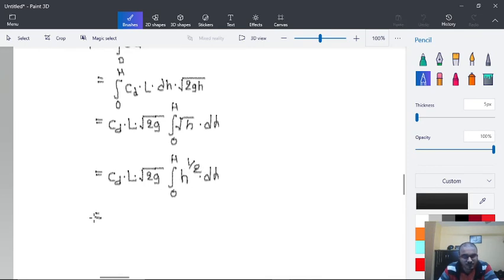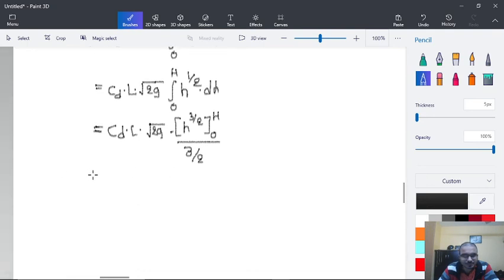So after integration we will get CD into L into square root of 2g into h raised to 3 by 2 from 0 to h, divided by 3 by 2, which is equal to 2 by 3 CD into L into square root of 2g into h raised to 3 by 2 minus 0 raised to 3 by 2.